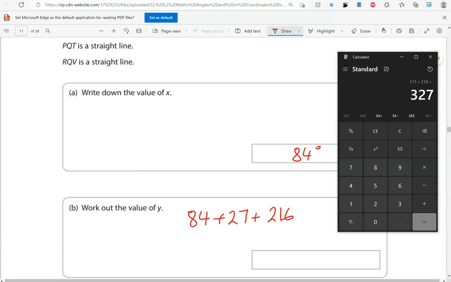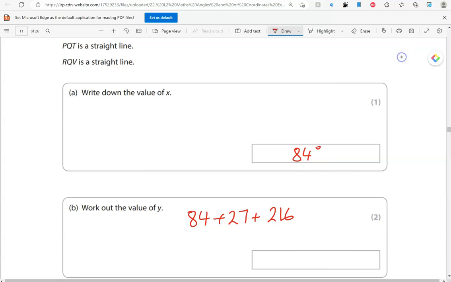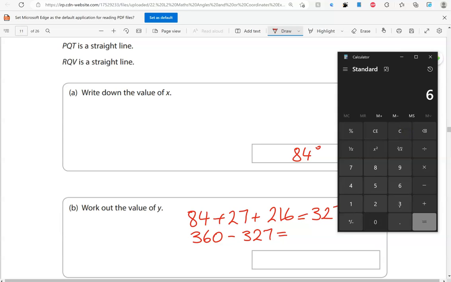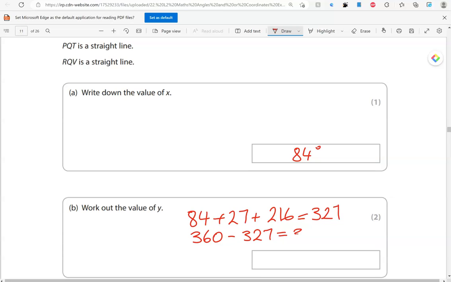That is 327. 360 now, take away 327. Gives us 33. So this is 33 degrees.